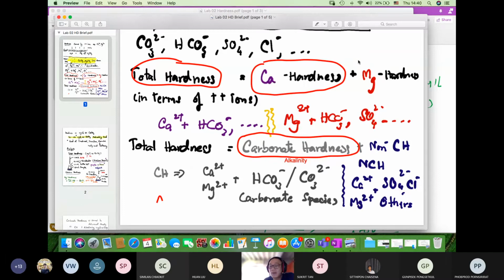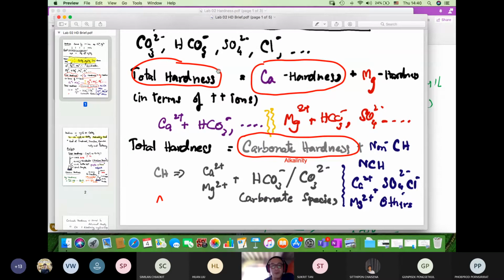Then we can find out the magnesium hardness easily, because the magnesium hardness is equal to the total hardness minus the calcium hardness.